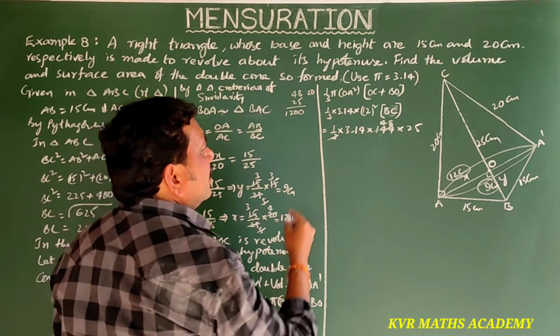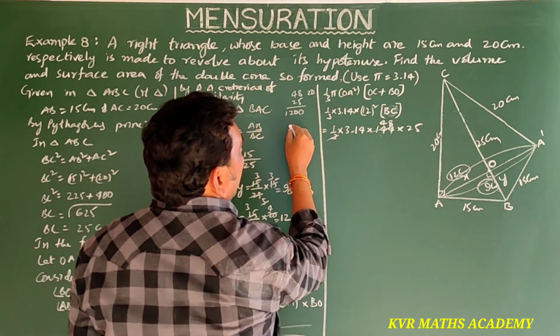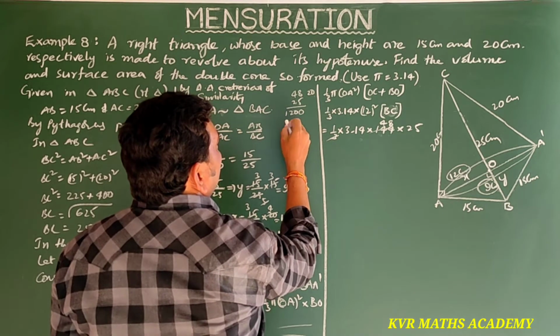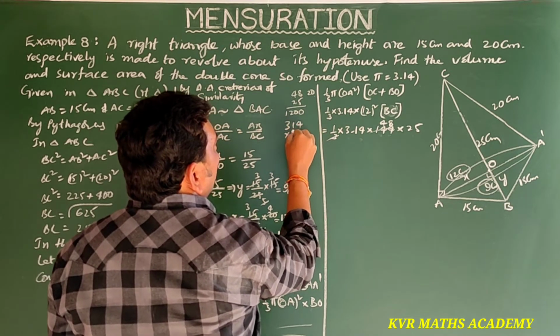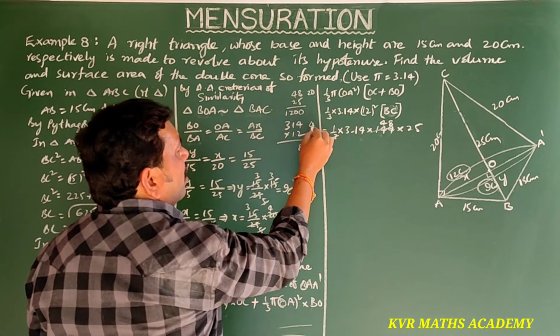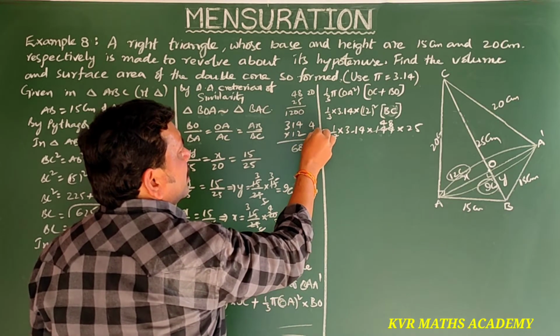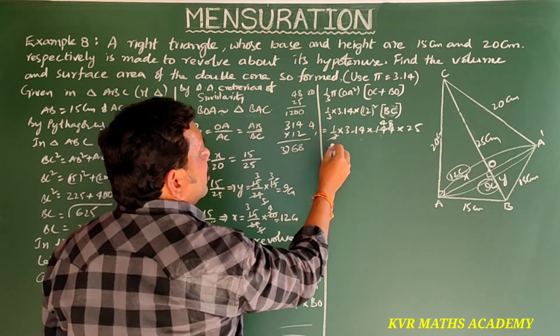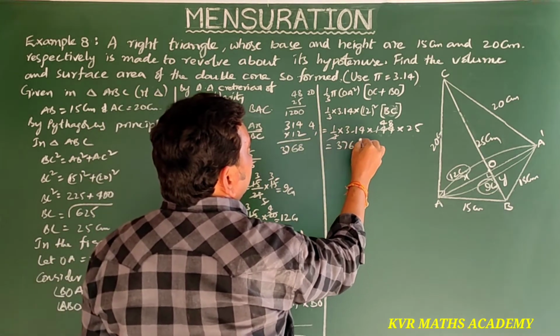So 1200. That is equal to 1200 into 3.14. 314 into 12: 12 4s are 48, 12 1s are 12 plus 4 is 16, 1 is there, 12 3s are 36, 37. So that is equal to 3768.